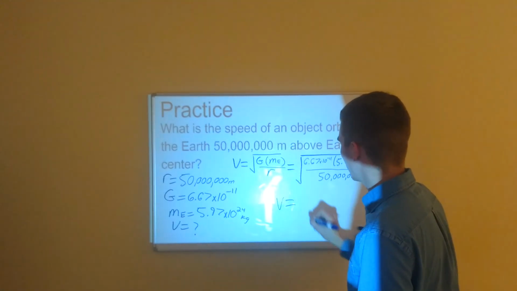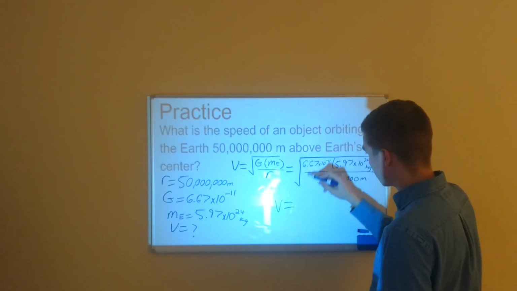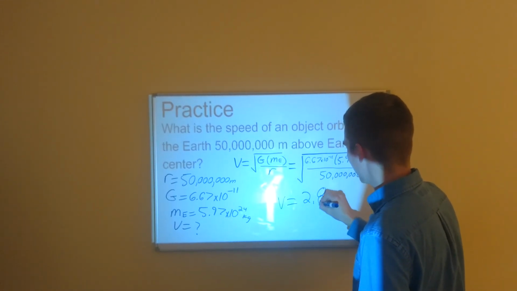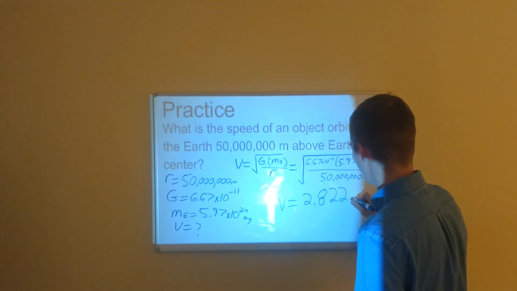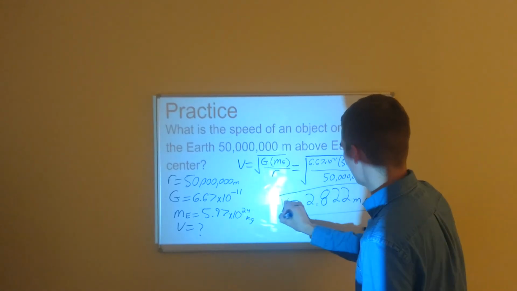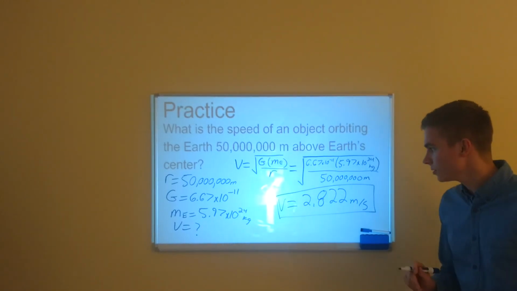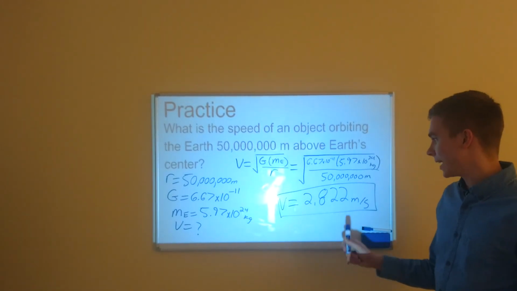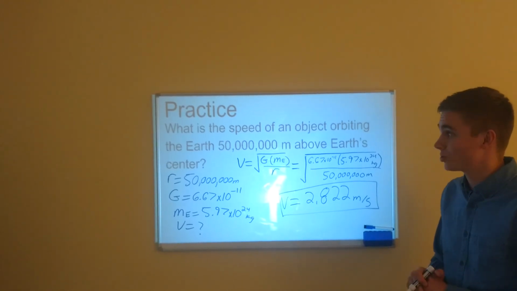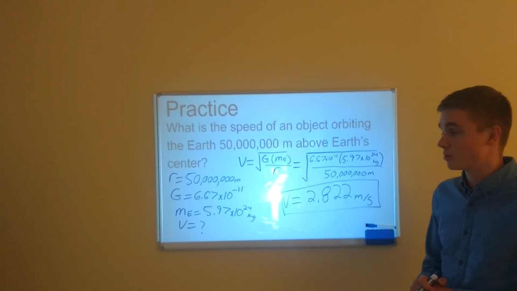And if we work out the math, don't forget the square root. We get a velocity of 2,822 meters per second. Don't forget those units and to box up that answer. 2,822 meters per second. A little faster than what we're used to with our kinematics problems.